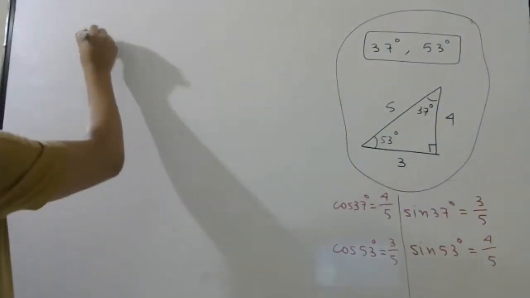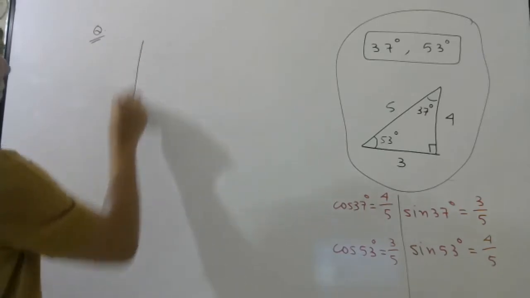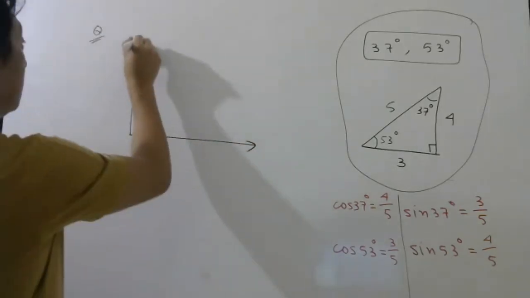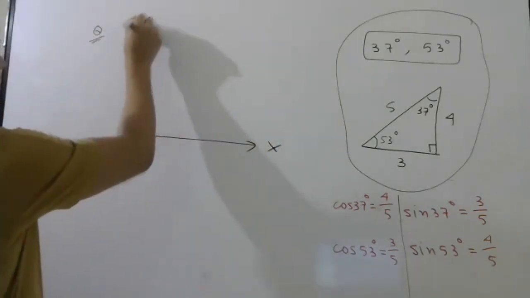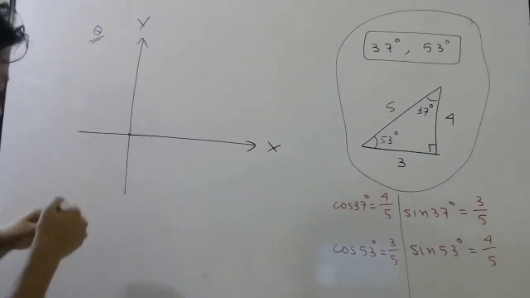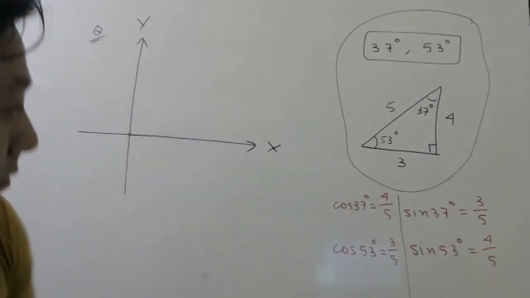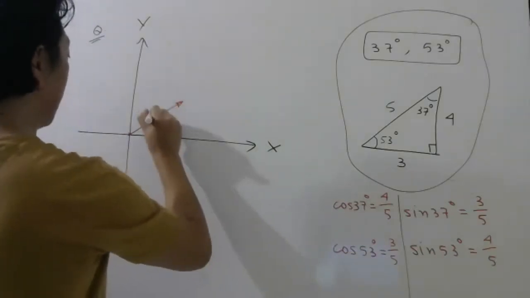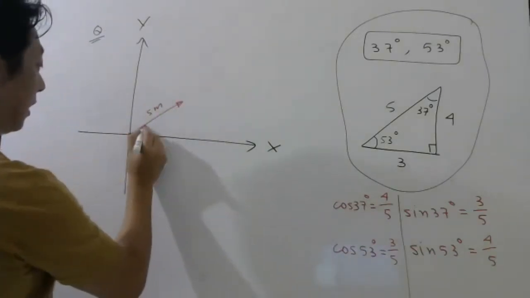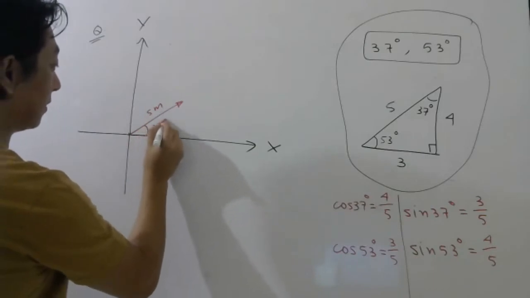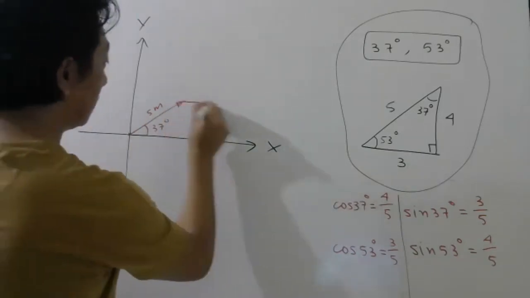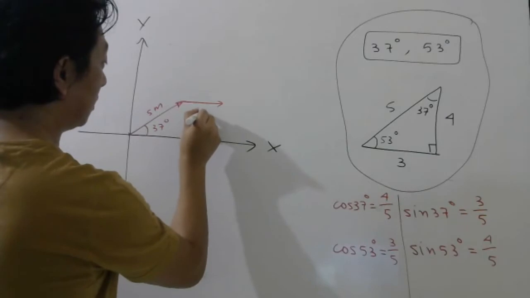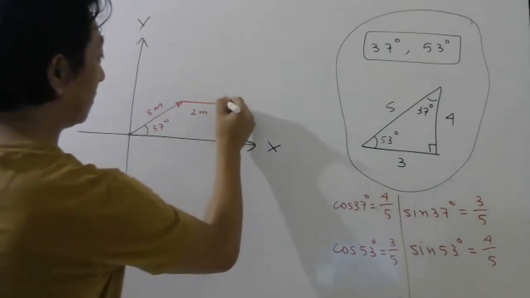Okay, so try one question now. This is your XY plane. So this vector is 5 meter long and the angle is 37 degree. This vector is 2 meter long parallel to x-axis.